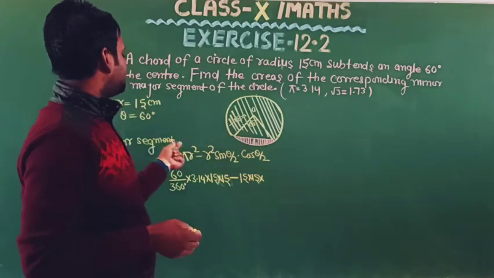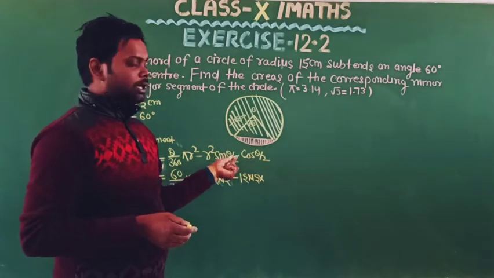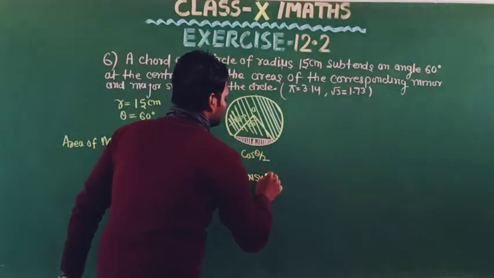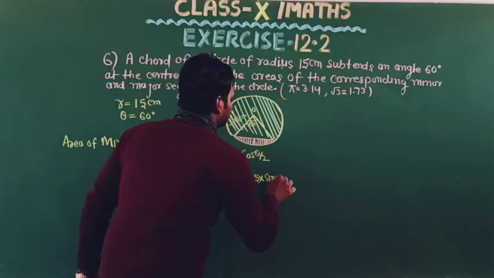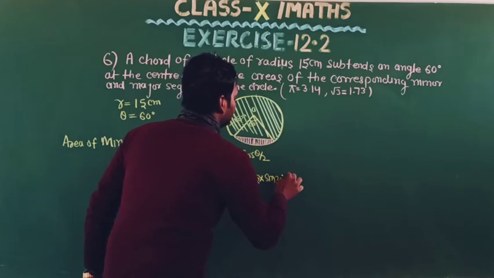Theta is 60, divided by 2 is 30 degrees. So this is sin 30 degrees into cos 30 degrees.